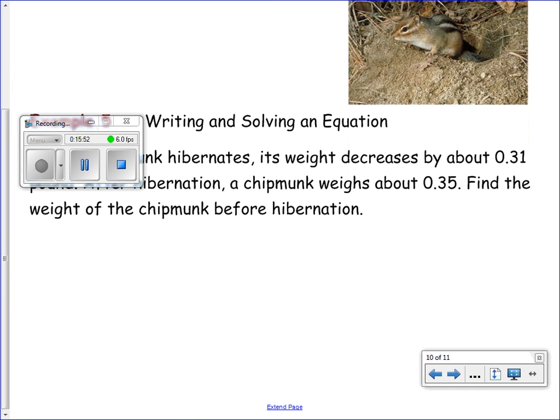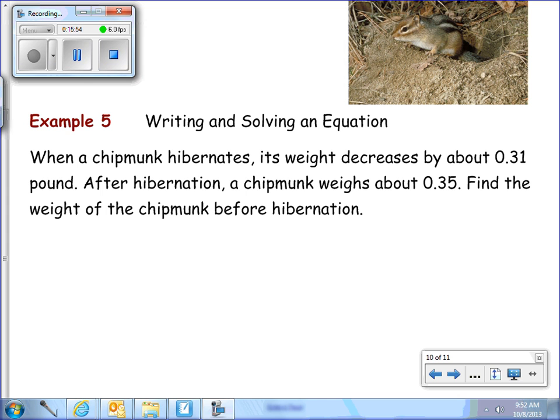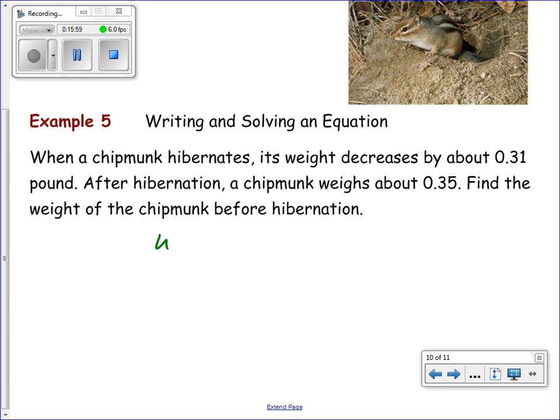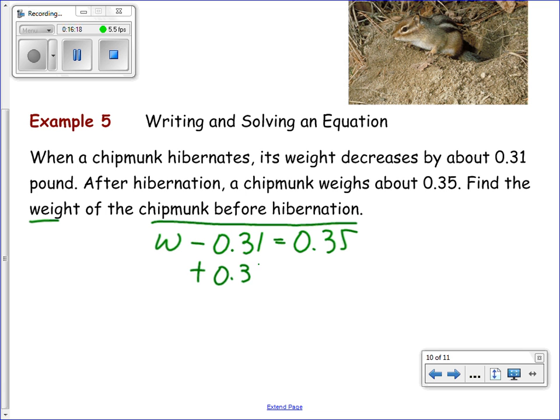So it's asking you in this problem to write and solve an equation. So I'm going to use the variable W for weight. We're going to determine what the weight of the chipmunk was before hibernation. So if he loses 0.31 and it ends up at 0.35, we're going to do the inverse operation and we're going to add 0.31 to each side.